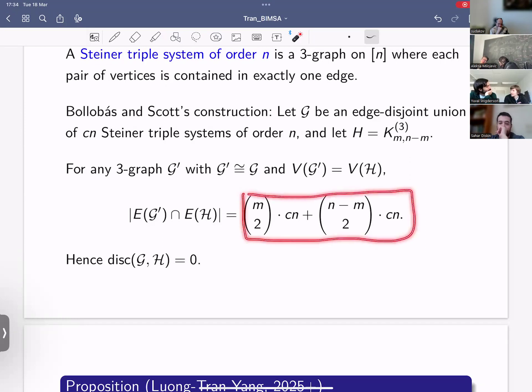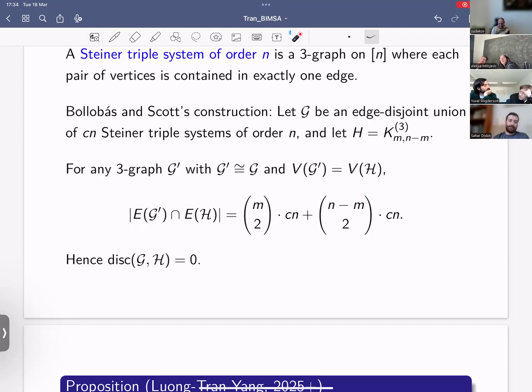Because the edges of S must intersect both parts, we consider a pair, one from the first part and the other from the second part. Then it doesn't matter where the third vertex is, because each pair is contained in cn triples. So the formula should be m times n minus m times cn.